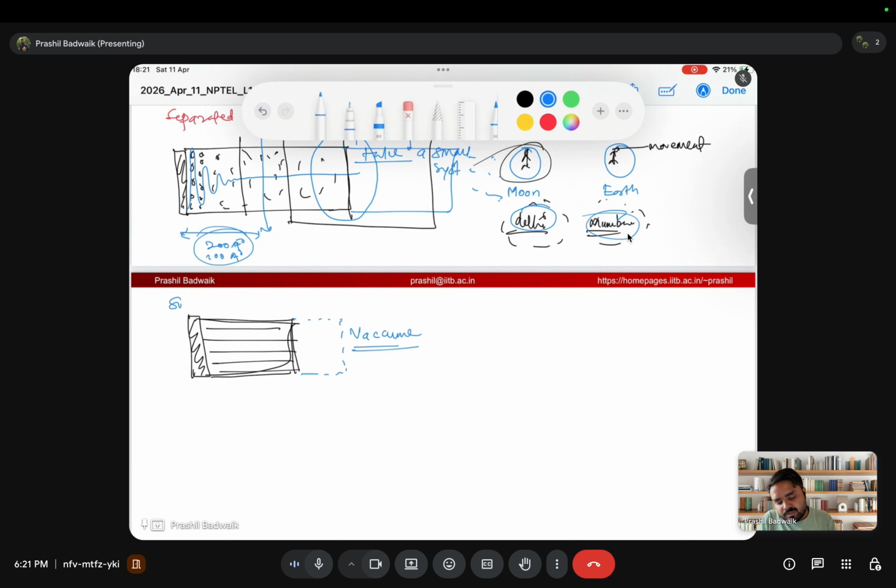This is my surface, water in crystalline form, and then there is vacuum over here. You can simulate a similar sort of system.